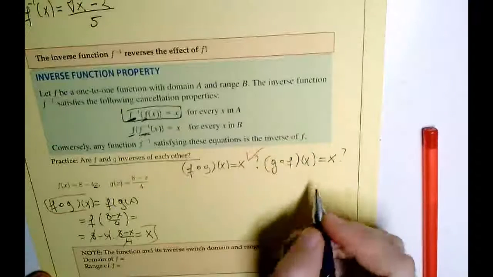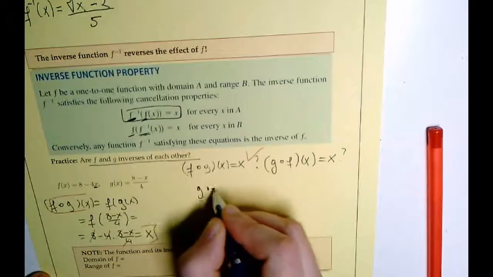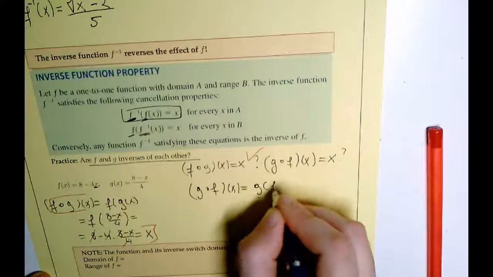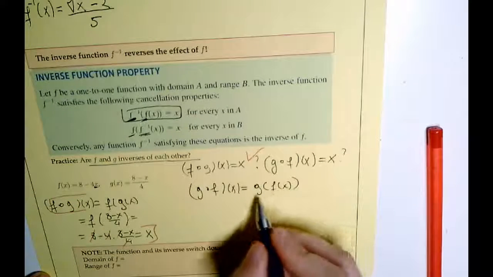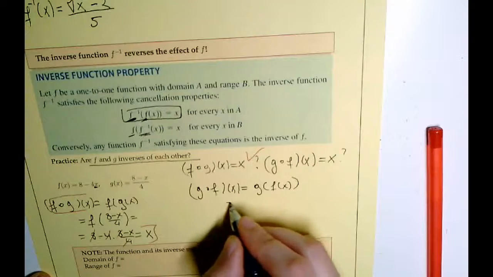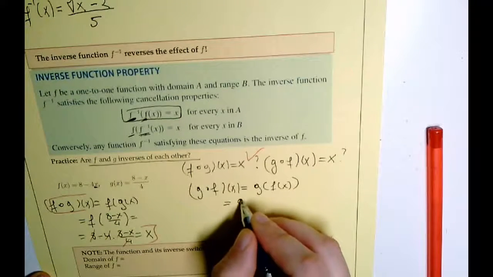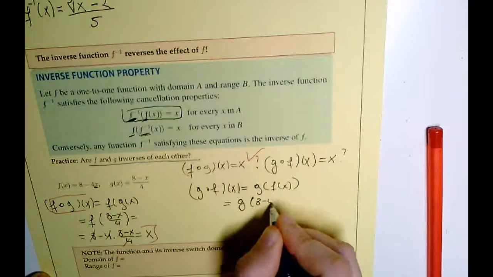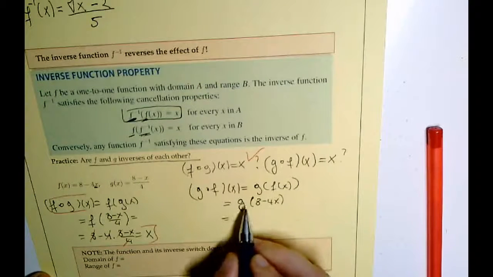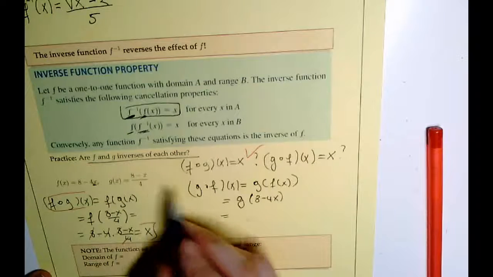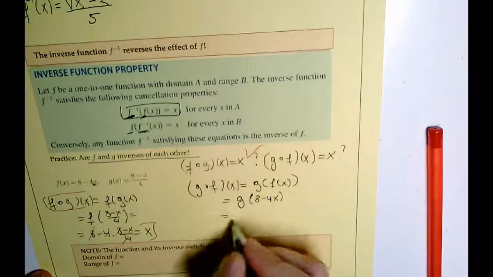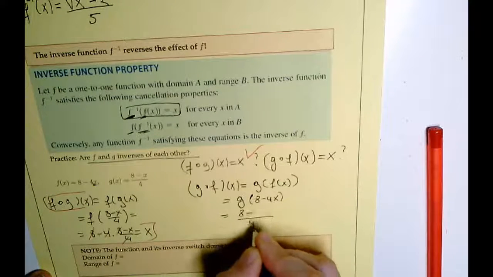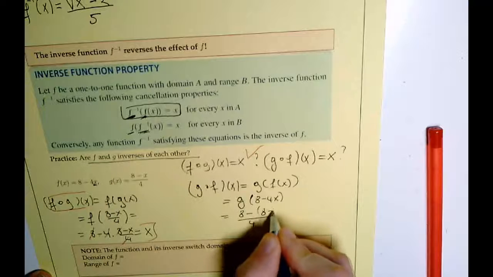Now let's do it the other way. g composed with f of x. This is g of f of x. So let's see if these undo each other. So it's going to be g of, well, f of x is 8 minus 4x. Now in the g function, anywhere I see x, I'm going to put 8 minus 4x. So in g, so 8 minus, instead of x, I'm going to put 8 minus 4x.